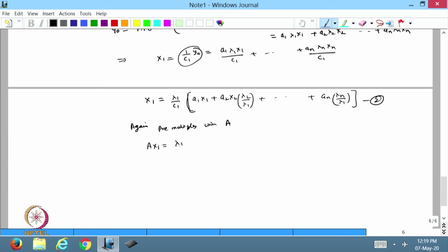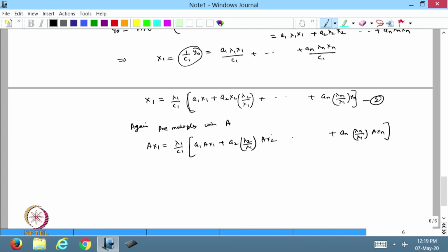Lambda 1 over C1 is a constant, so I can take it common, and inside I can write A x1 plus A2 lambda 2 over lambda 1 A x2 and so on, An lambda n over lambda 1 A xn.